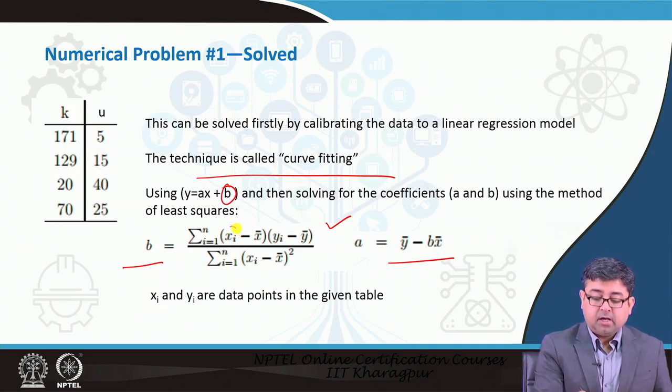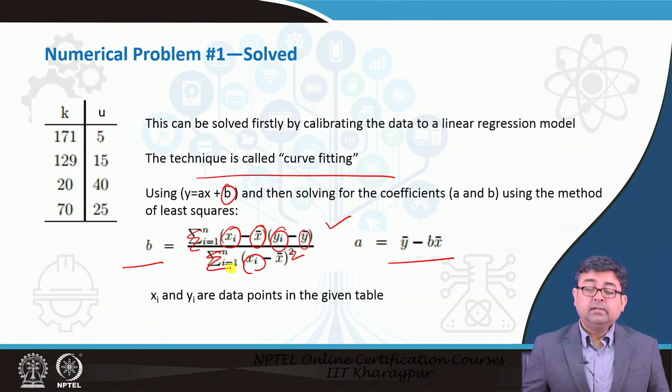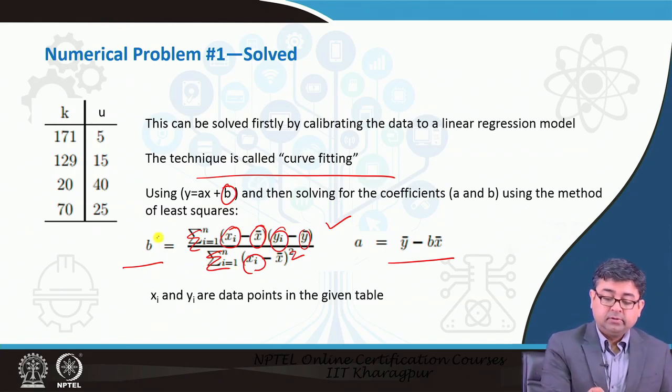It says that all of the x values minus the mean of x is multiplied by all of the y values minus the mean of y, and the product of that is summed and divided by all of the x values minus the mean of the x values squared, which is again summed up. So, that gives you the b value.